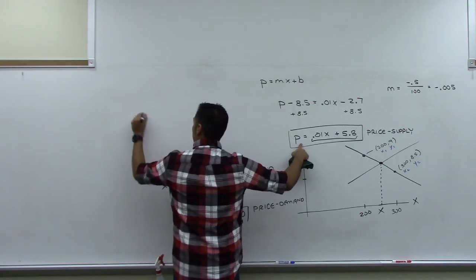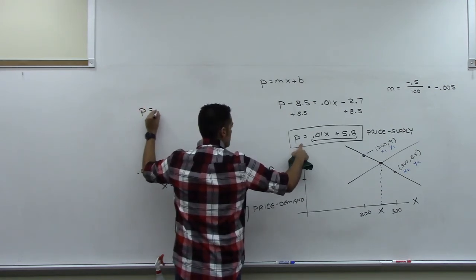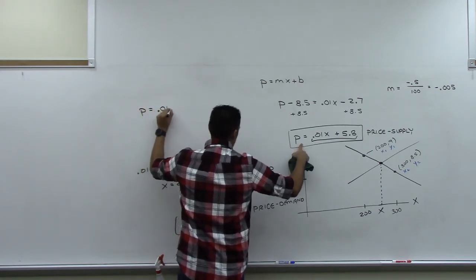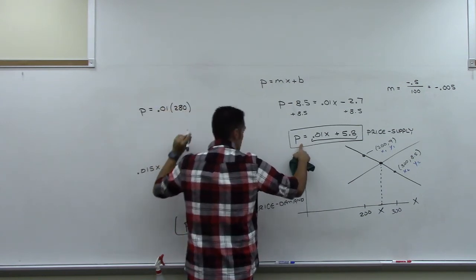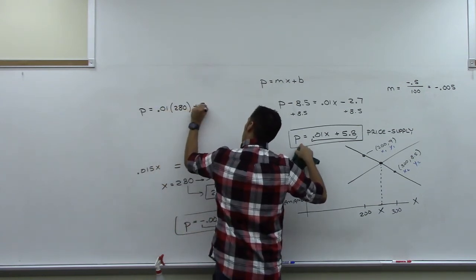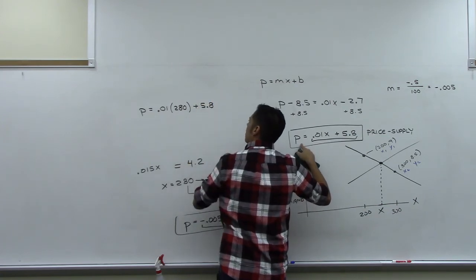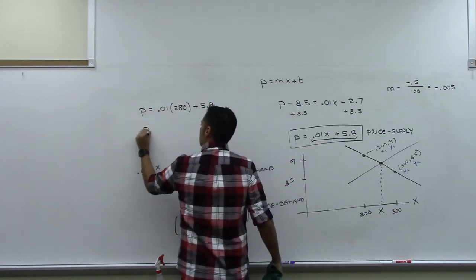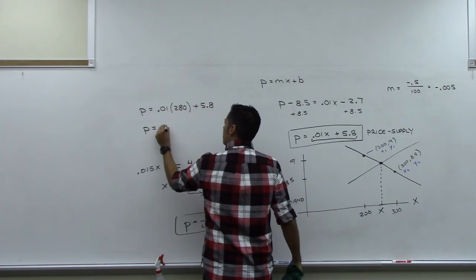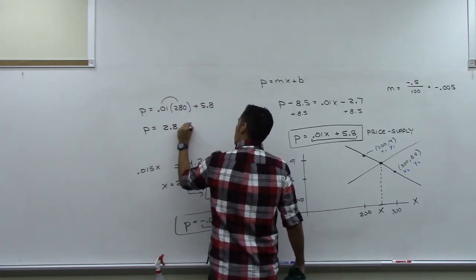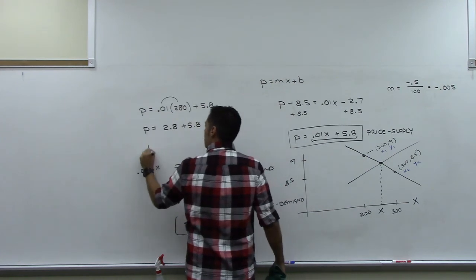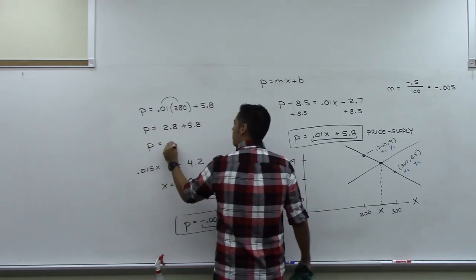So I'm just going to take this one, P equals 0.01, and then X is going to be 280. Be careful, don't put 280,000. 280, and then plus 5.8, like that. And so we get P equals, this is going to be 2.8 when we multiply here, and then plus 5.8.